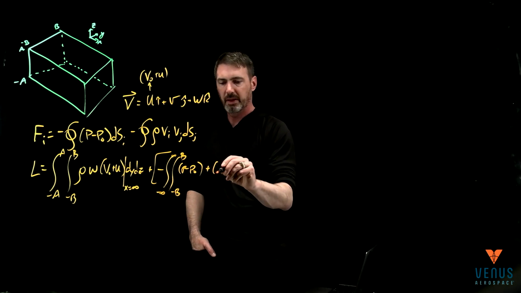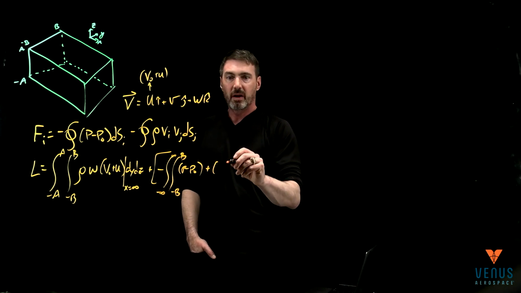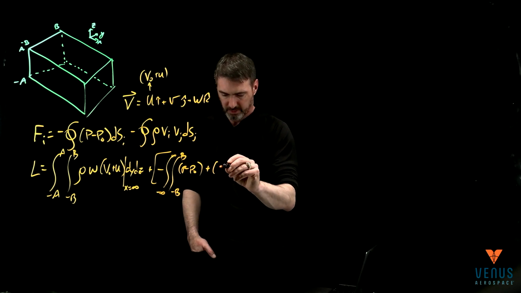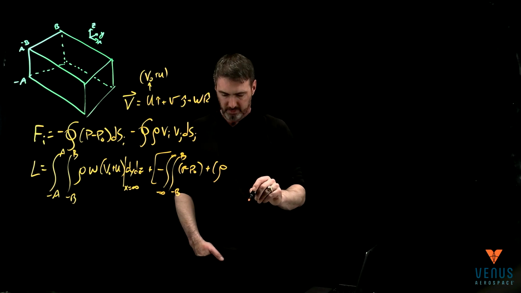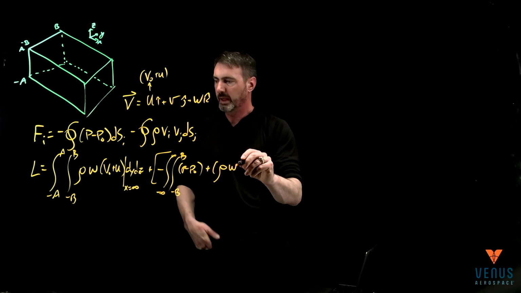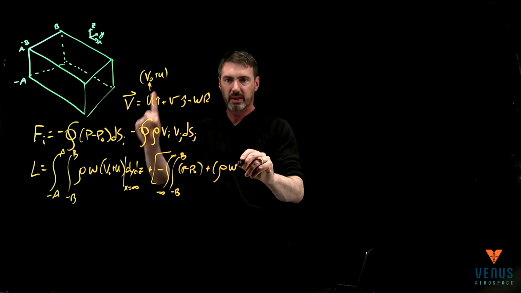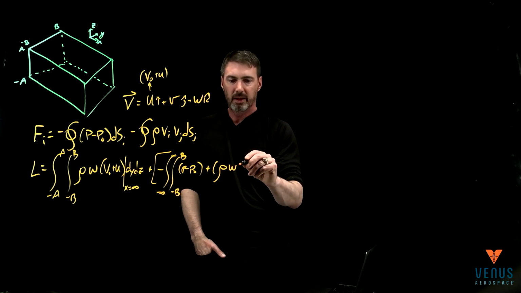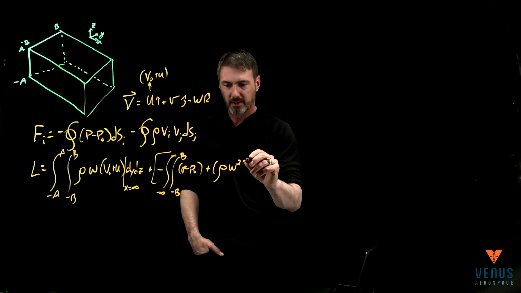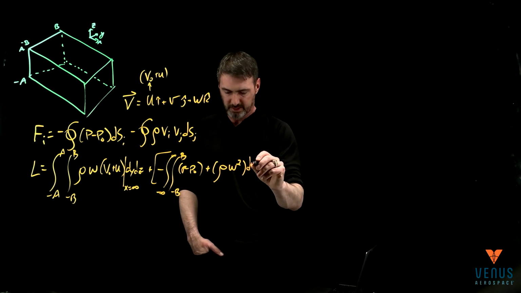And then you also pick up, because it's the bottom and top, the rho u. So it's W again, because that hasn't changed, and the portion going up is W. So this is W squared, and then that is dy.